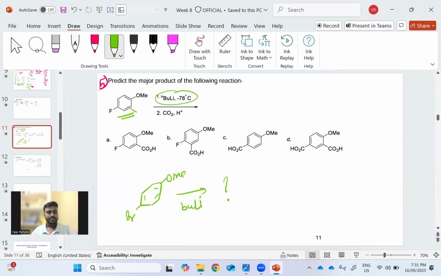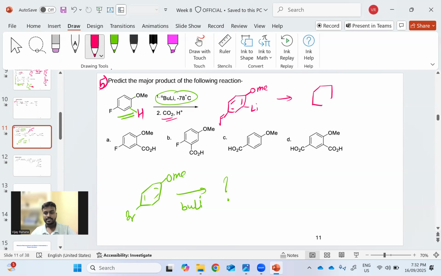The proton ortho to the methoxy gets abstracted. It forms the lithiated complex, and this fluoro will remain as it is. And upon electrophilation with CO2, it gives the carboxylic acid at that position.